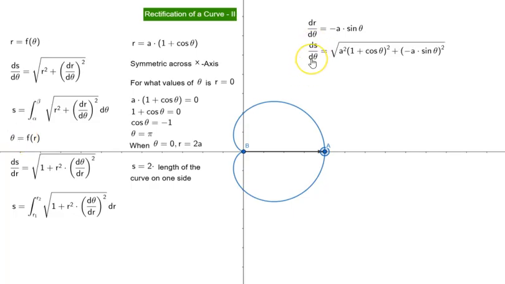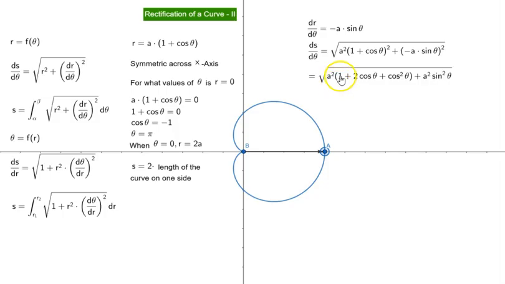ds by d theta is equal to the square root of r squared. Now r squared is a squared times (1 plus cos theta) squared, plus (dr by d theta) squared. dr by d theta is minus a sine theta, so we square that.